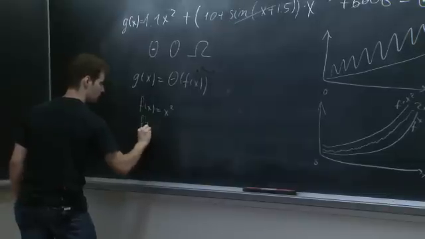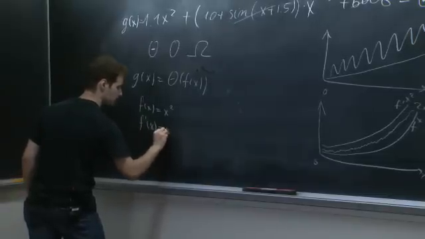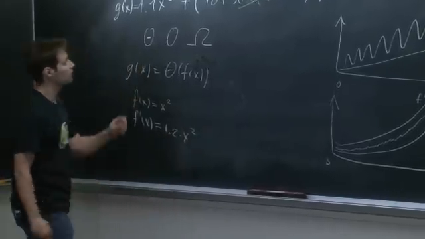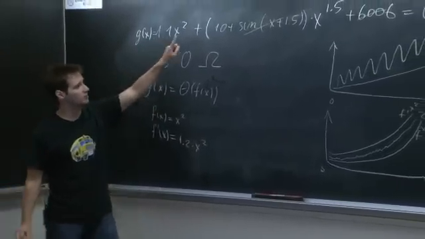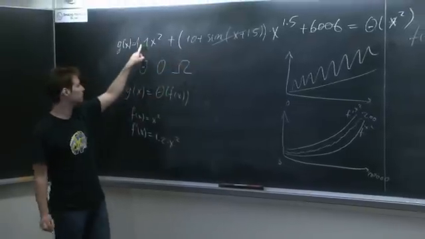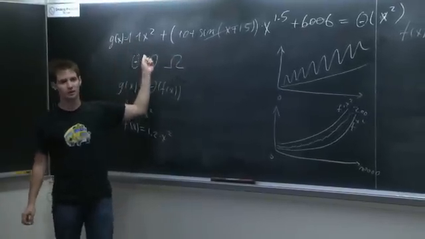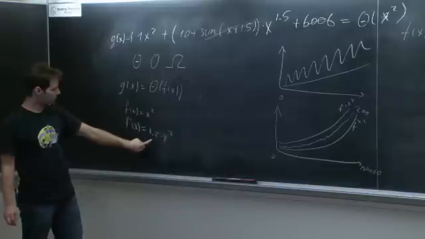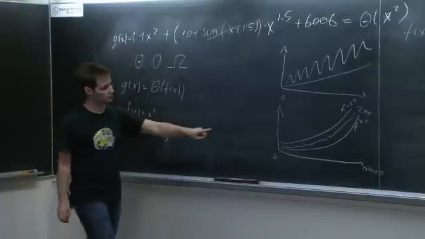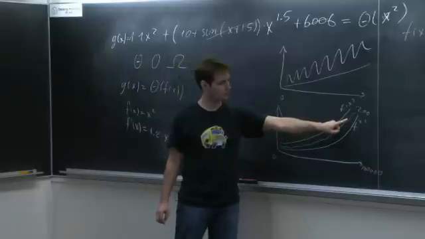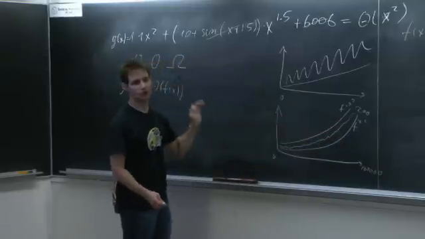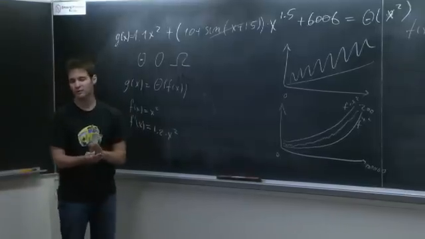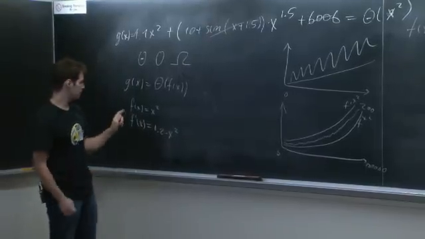And f prime of x might be 1.2 times x squared. And because I have a 1.1 here, and I know that these get smaller and smaller in relation to this as the inputs to the function get bigger, I know that this is going to be the dominating factor. And because this is bigger, this function is going to eventually be larger than this function. So I have a bound from above, and I have a bound from below. And the bounds look almost the same. They're only different by a constant factor. This is theta.